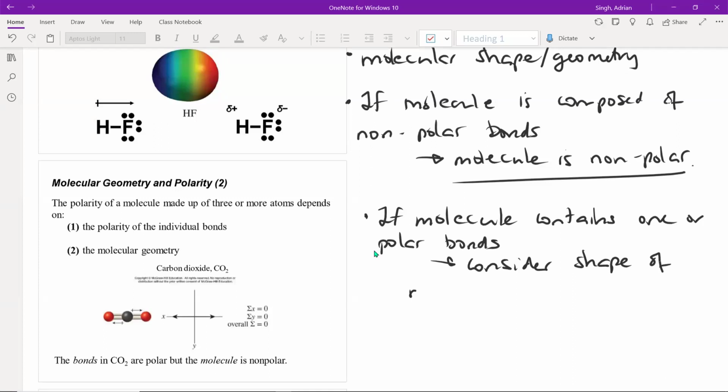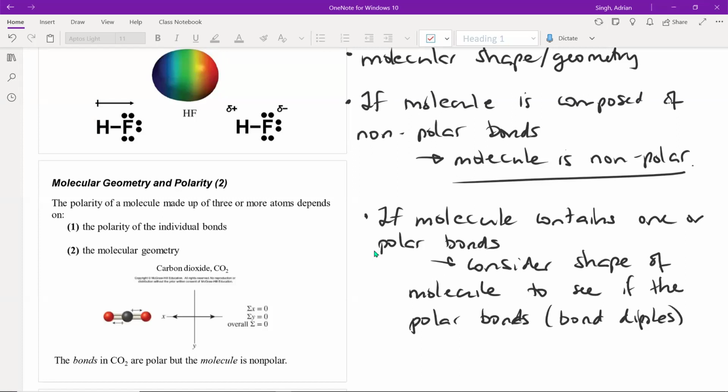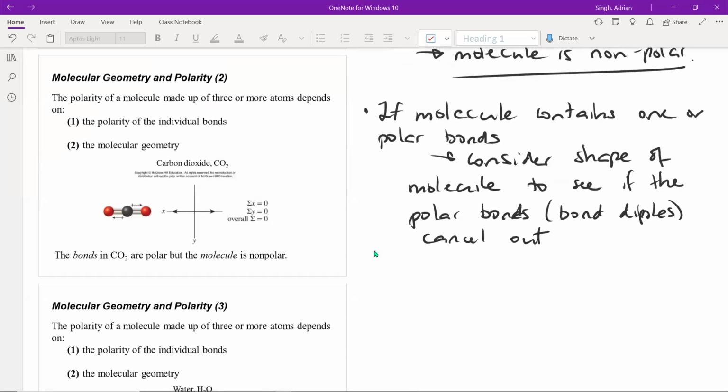Now we need to consider the shape of the molecule to see whether or not the polar bonds, which remember we can represent using dipoles, so we can say the bond dipoles cancel out. Okay, and then we can answer that question. Well, the answer to that question gives us the answer to the original question that we're posing here.